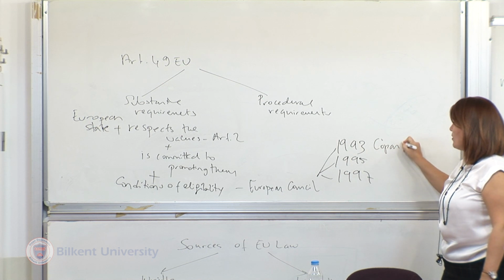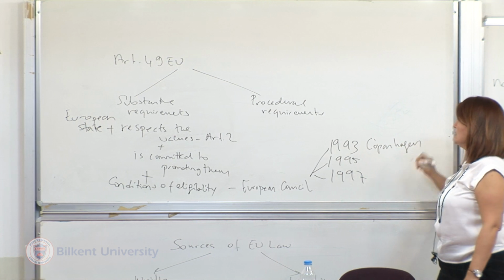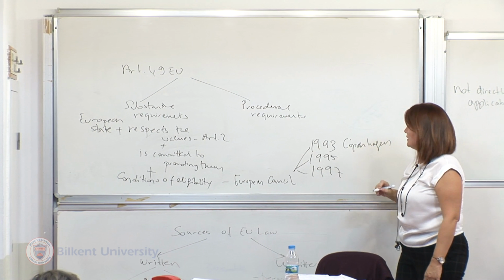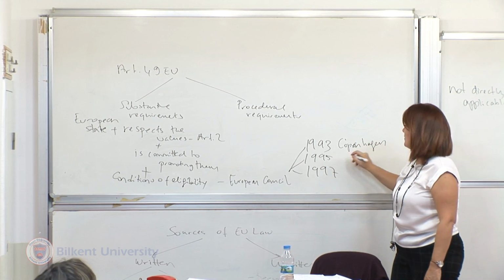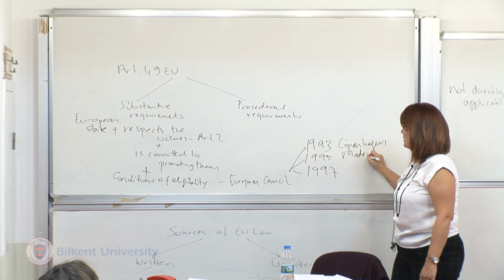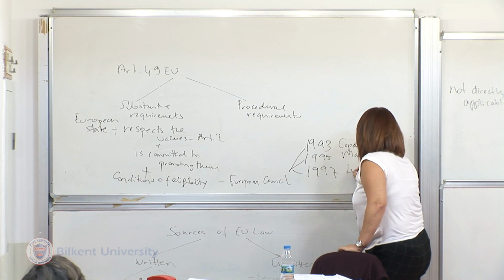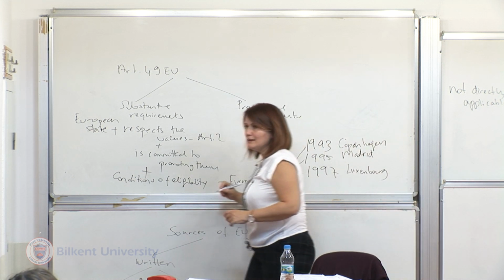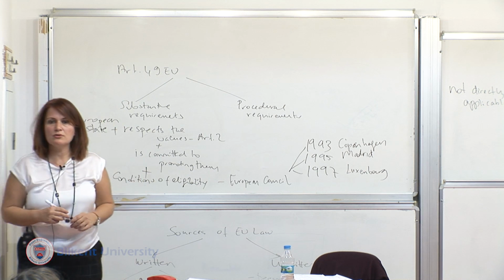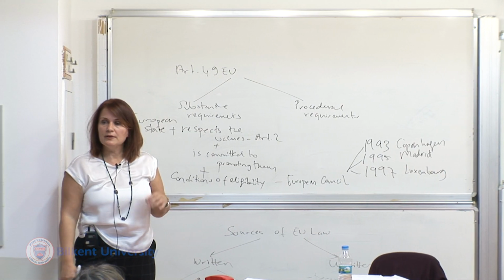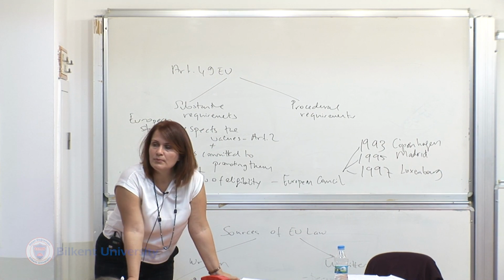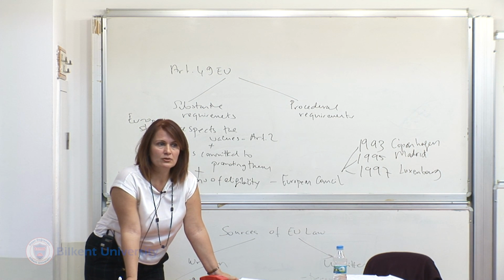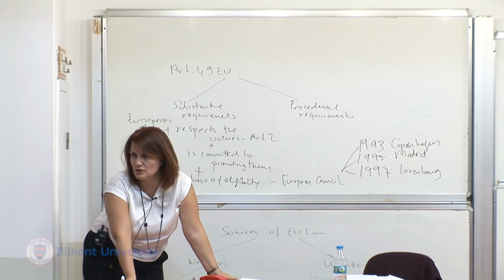1993 was the Copenhagen European Council, 1995 the Madrid European Council, and 1997 the Luxembourg European Council, where they decided on the conditions of eligibility for membership. The Treaty of Lisbon is important because for the first time there is now a clear reference to these conditions of eligibility.